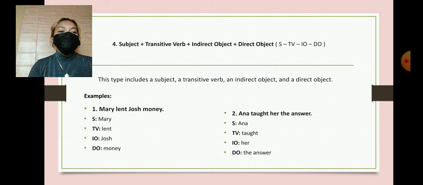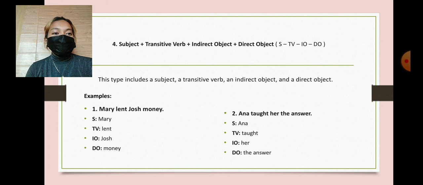So the direct object answers the question what and who, while, as I've said earlier, the indirect object answers the question to whom, to what, for what, and for whom. So this simply refers to the one that benefits from the action.